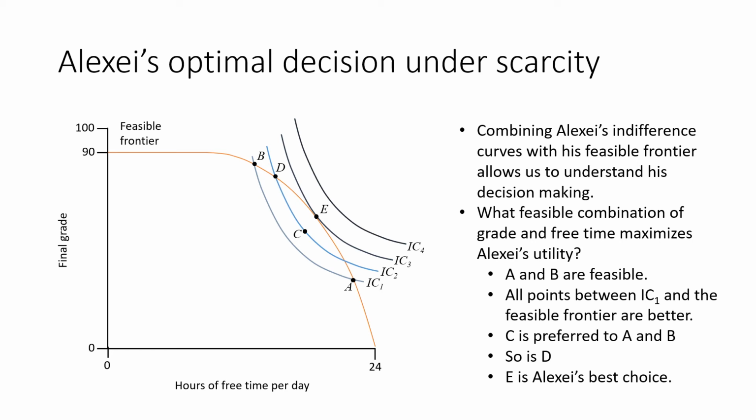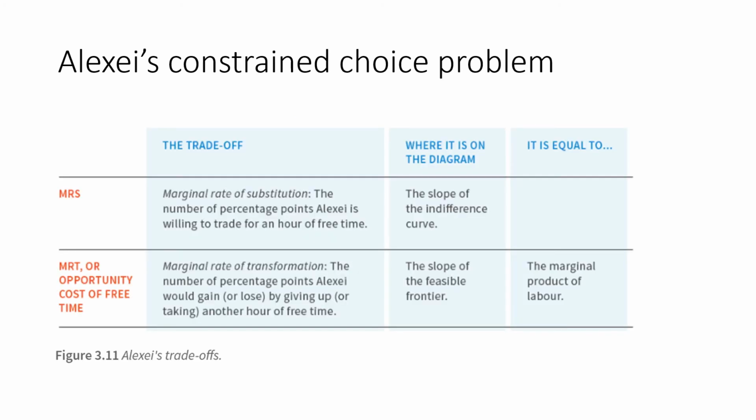Alexei's best choice will be found where the slope of his indifference curve equals the slope of his feasible frontier. That is where the MRS is equal to the MRT. MRS is the marginal rate of substitution, the number of percentage points Alexei is willing to trade for an hour of free time, and the slope of the indifference curve.